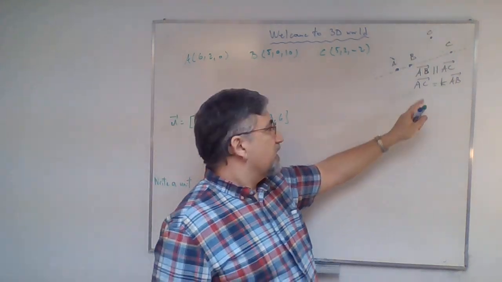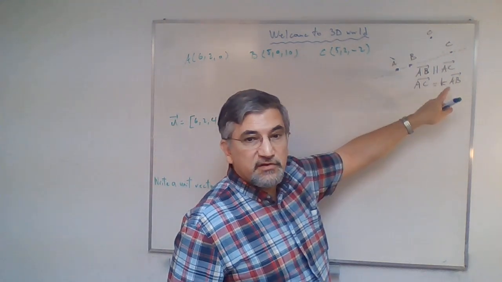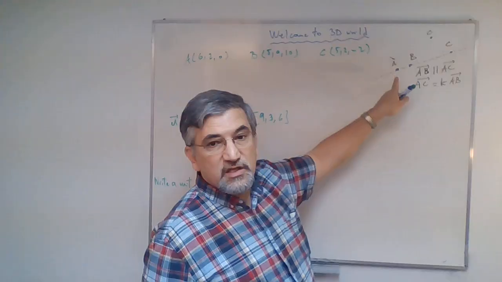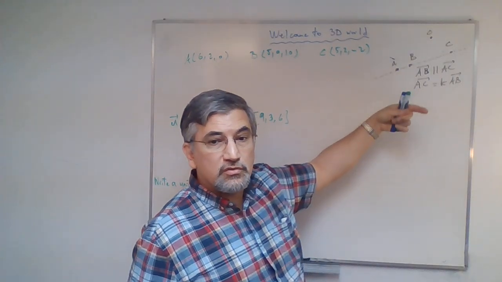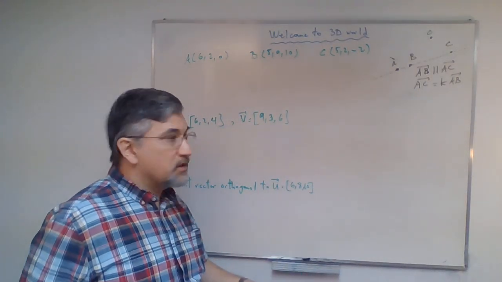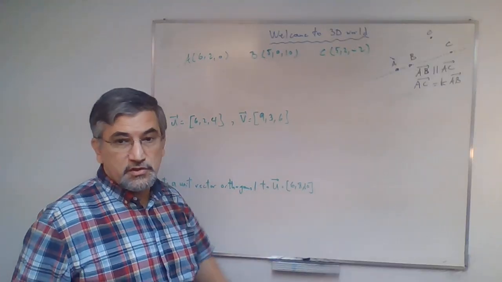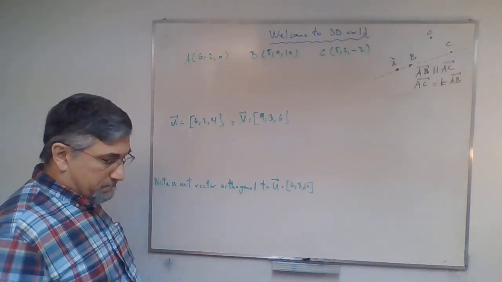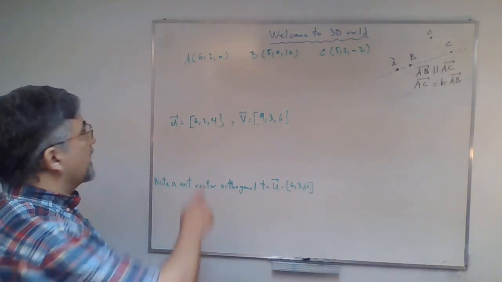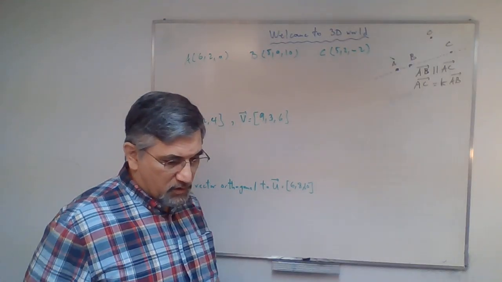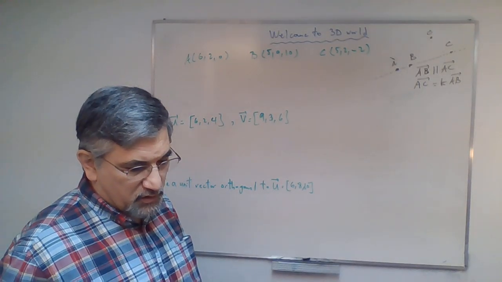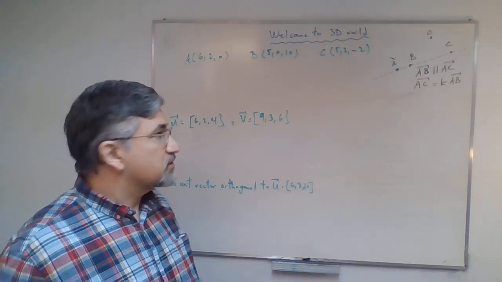But at the end of the day, one vector has to be a multiple of another vector for you to say that the 2 vectors are collinear vectors, okay? Or the 3 points are collinear. So we have 3 points, and we want to see if these 3 points are collinear points or not.